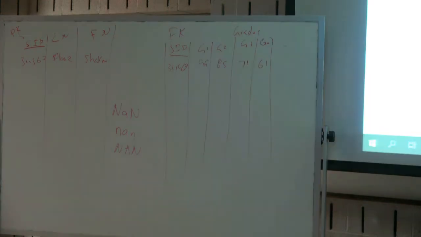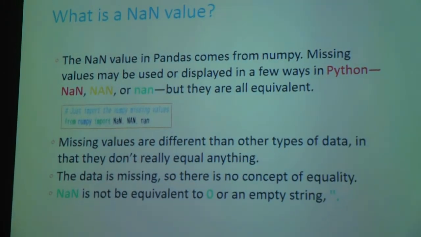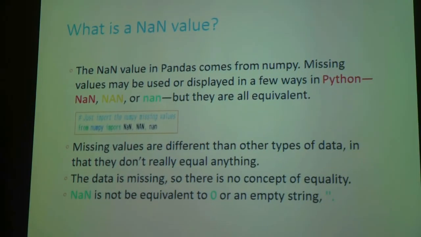So let's go quickly over that. There are many representations of the missing data. Okay, Pandas represents it as the NaN value. Make sure that if you need to use it, you import it from NumPy.